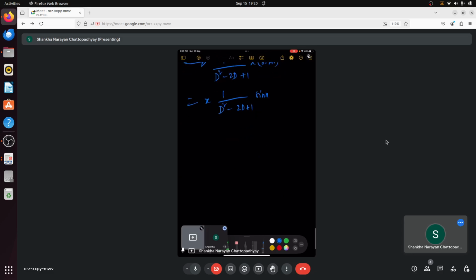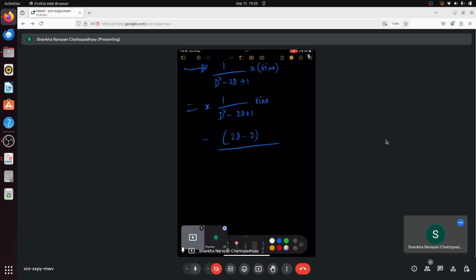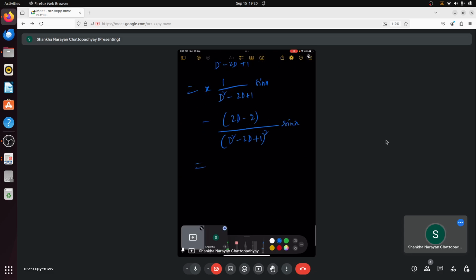Your f prime(D) will be 2D minus 2. Your f(D) whole square will be D squared minus 2D plus 1, whole square, upon sin x.